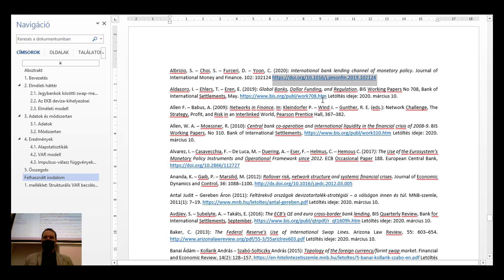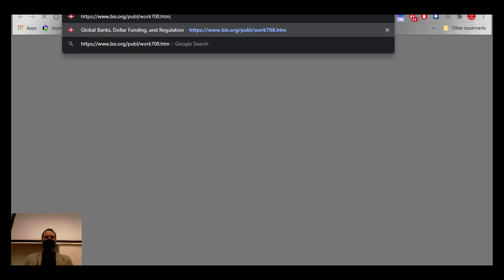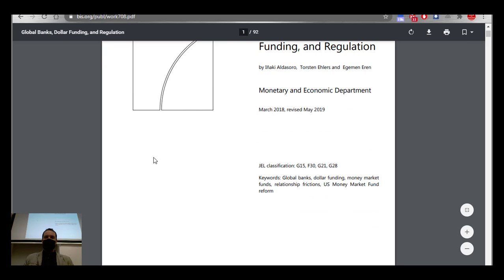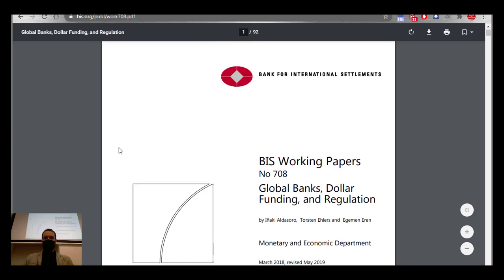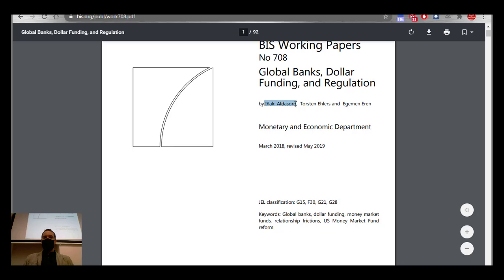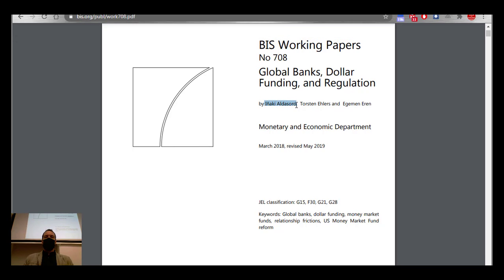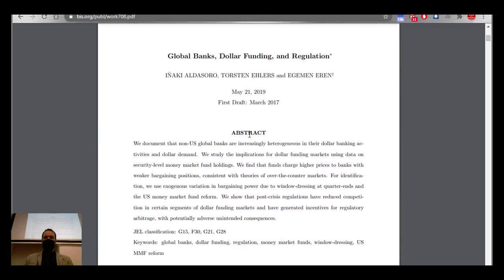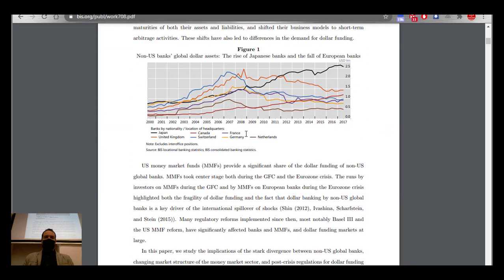This one. So the BIS, Bank for International Settlements, has really nice working papers, because many people who work at central banks usually have the chance to get a scholarship and work at the BIS for 1 year and do research there, and that's why they publish really nice articles.